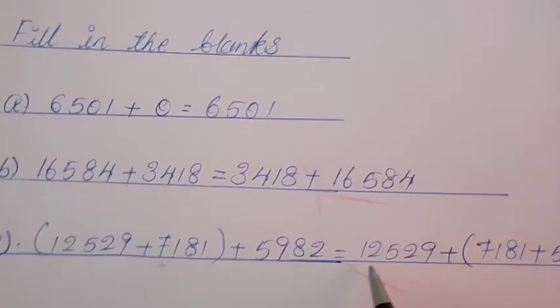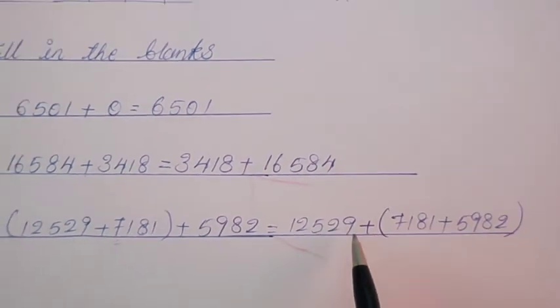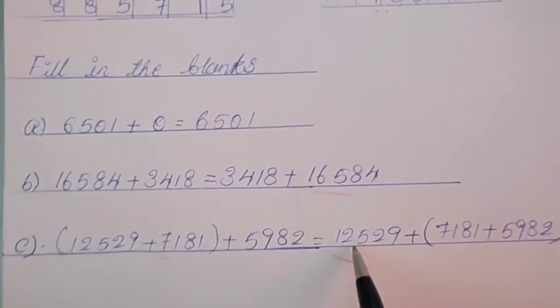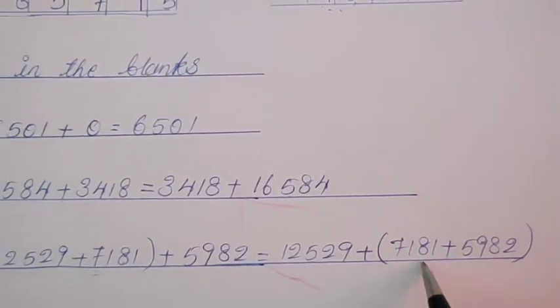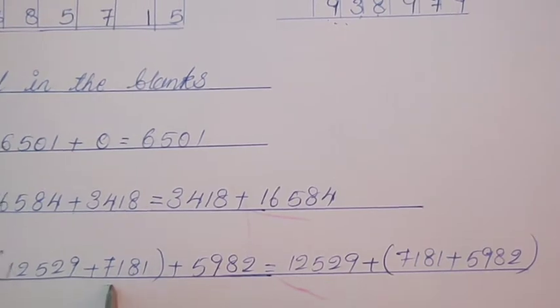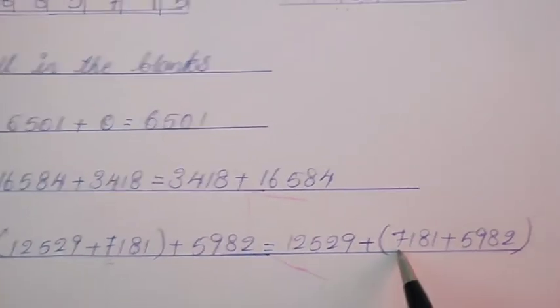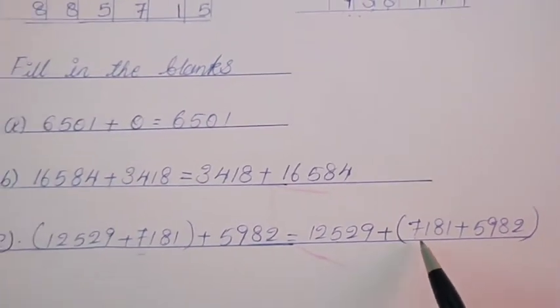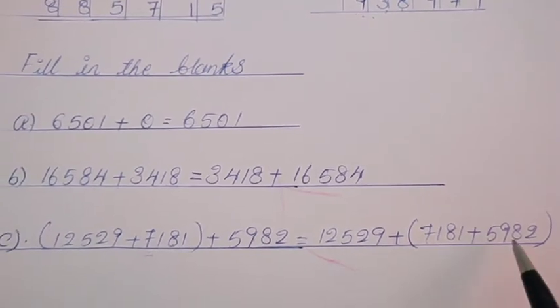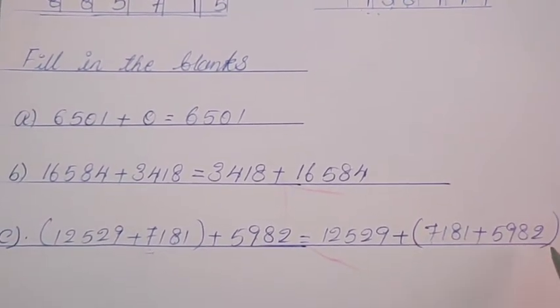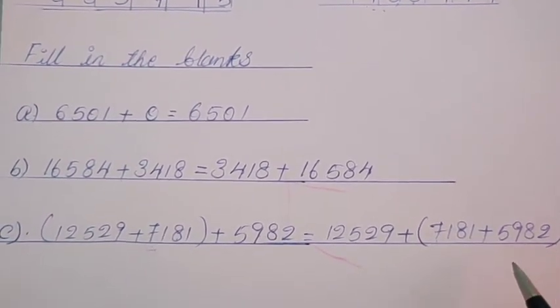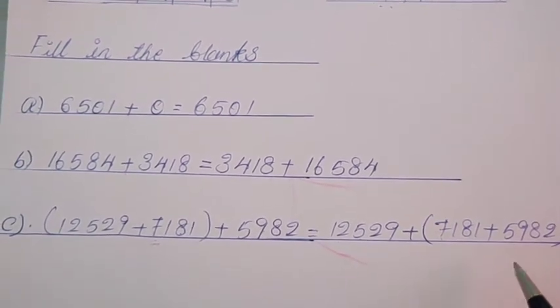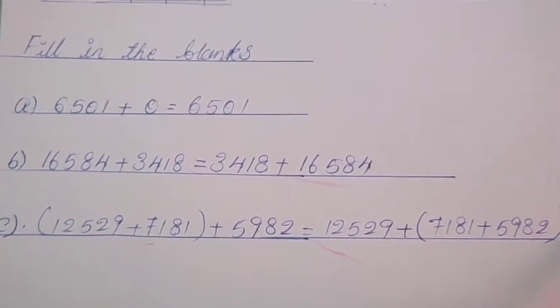Here 12,529 is kept aside and these two numbers are regrouped. Got it? So this is property number 2. The answer is not changing. Property number 2 is there is no change in the sum if the grouping is changed. Got it, all of you?